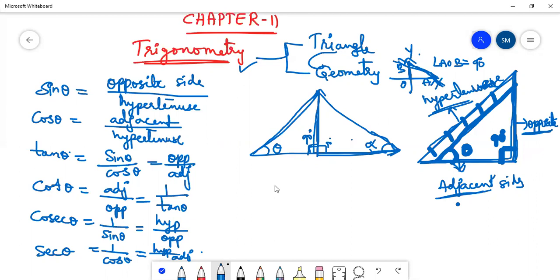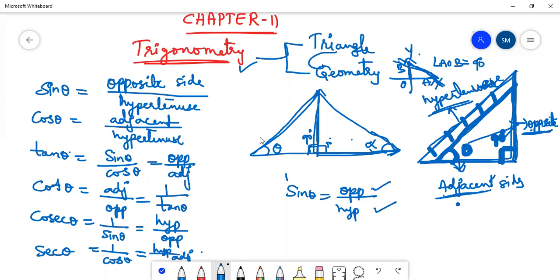Here we can take sine theta. Sine theta is with the angle theta between the slant side and the base; the base is called the adjacent side. The side opposite this angle divided by the hypotenuse is sine theta, the ratio between the opposite side and hypotenuse.